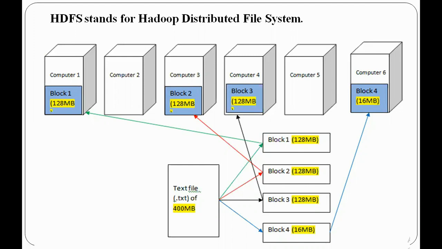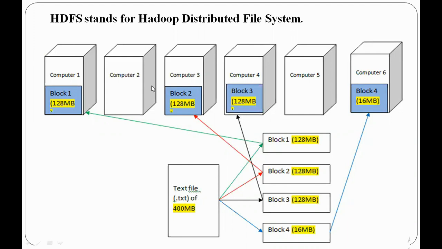Here Hadoop HDFS is used whenever multiple computers or servers are connected together. So, HDFS is mainly used for large amount of data, that is more than gigabytes or terabytes of information. So, in such case, multiple computers are used, and assume that this is my file, what I want to store.